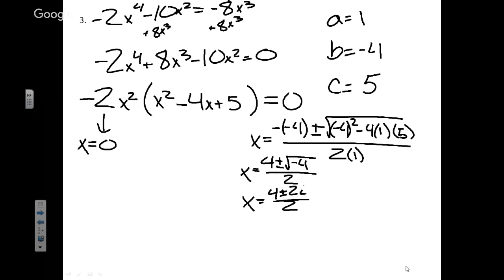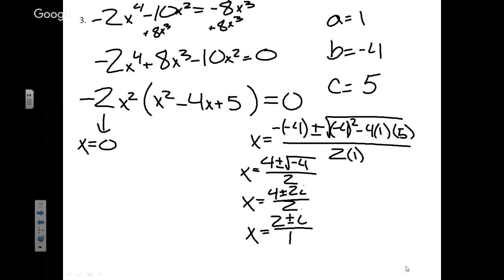So can we make this any simpler besides breaking it down? Yeah, we can divide all of them by 2. So if we divide all of them by 2, what are we going to get? So you get x equals 2 plus or minus i divided by 1.